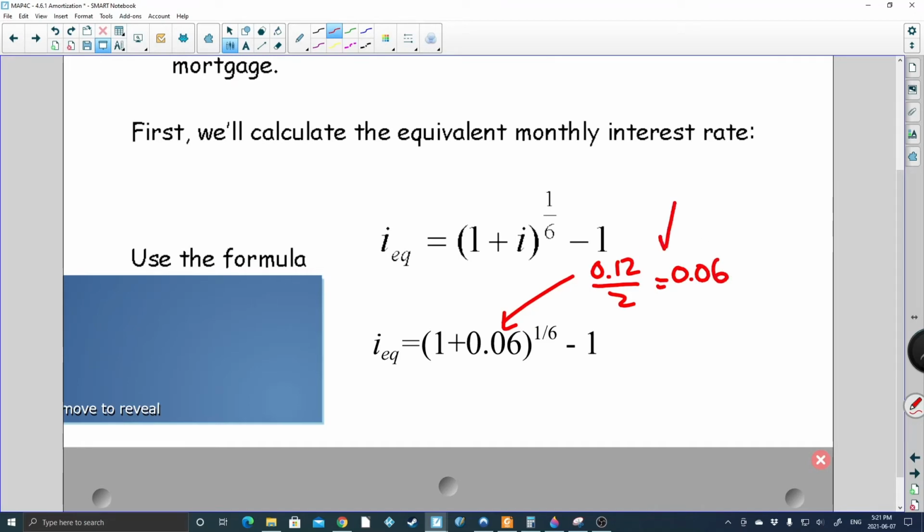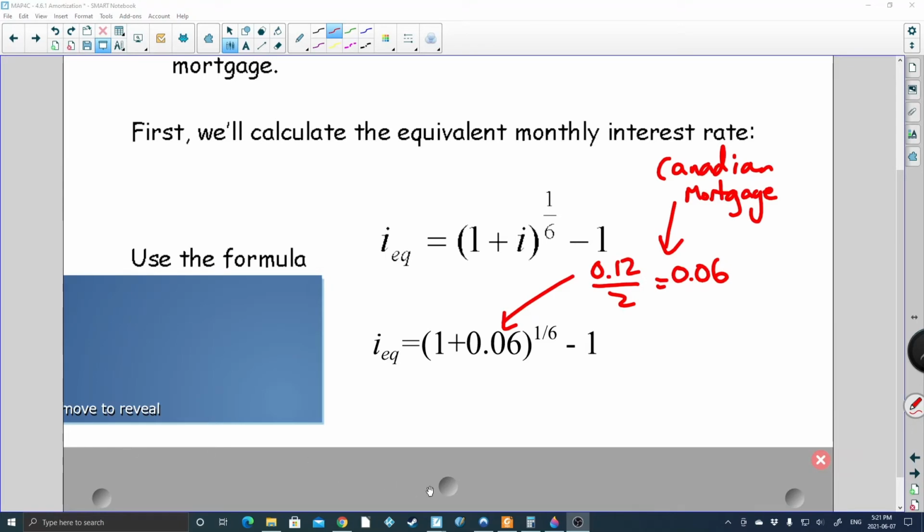So this is because it's a Canadian mortgage. Okay, so you have to remember that a Canadian mortgage is a semi-annual compounding, so we're dividing it by 2, and then you're putting that I value into this formula to change it into a monthly interest rate.